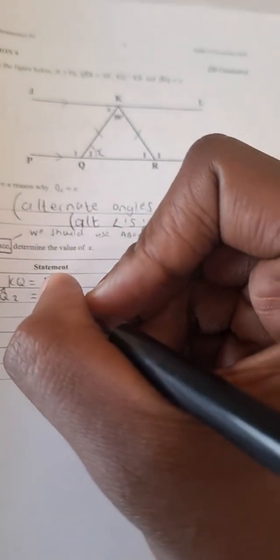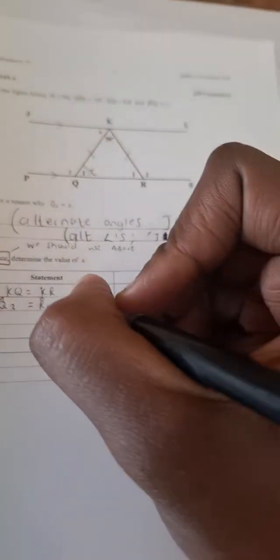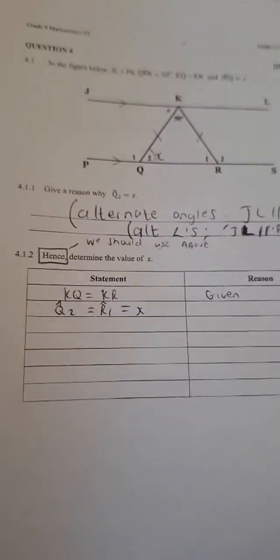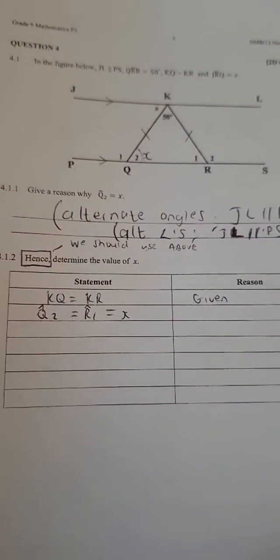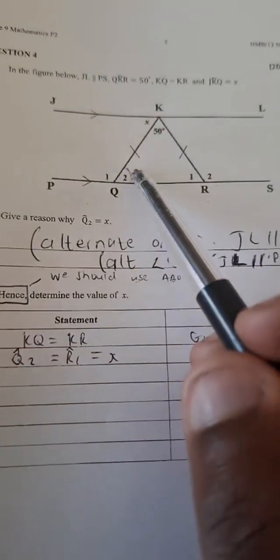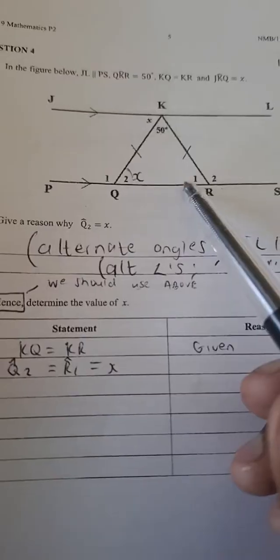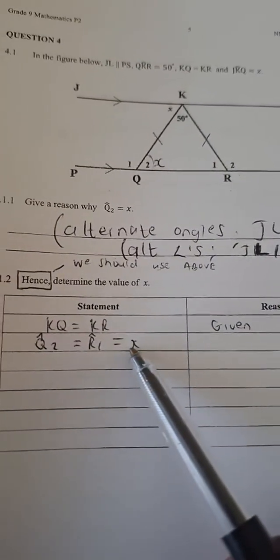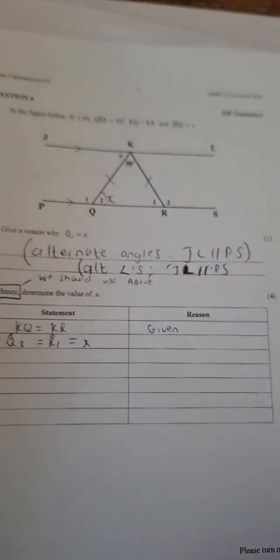Angle Q2 is equal to angle R1, which is both equal to what? To x. Thank you. 100% correct. What's the reason for saying that?